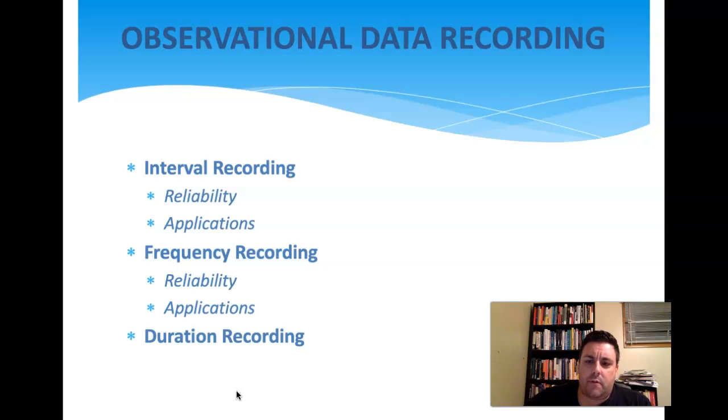Of course, what the slide means by reliability here is that what you really need is a good operational definition of what the behavior is. Years ago, I coded some data from a classroom, and we were looking at the number of times the student got out of his seat.